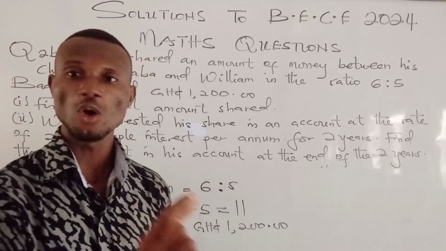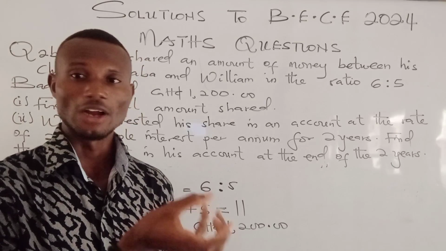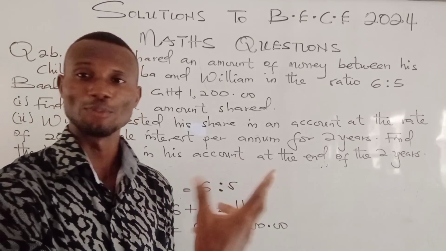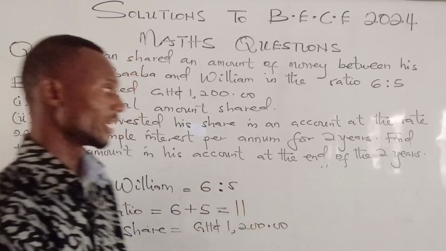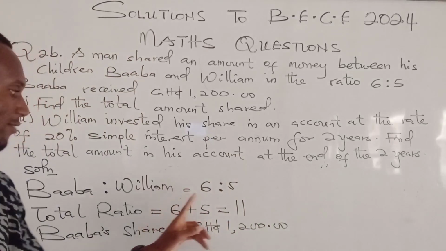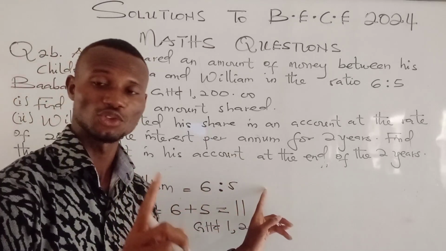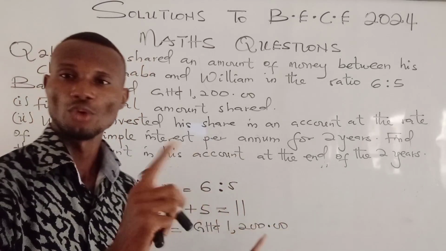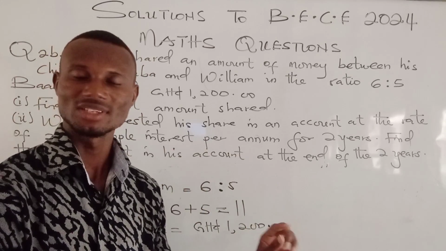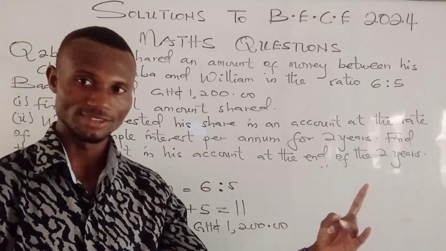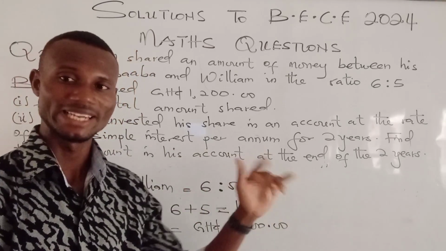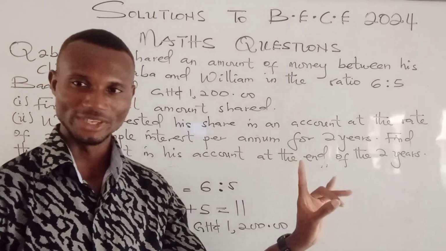And also we know the ratio, or the value, that represents Baba. When you look at the ratio, we have 6:5, and I've explained to you that the 6 represents the amount that Baba received, whilst the 5 represents the amount that William received.